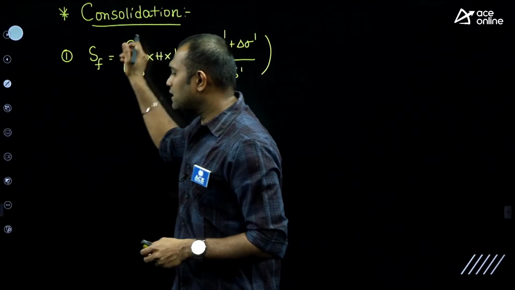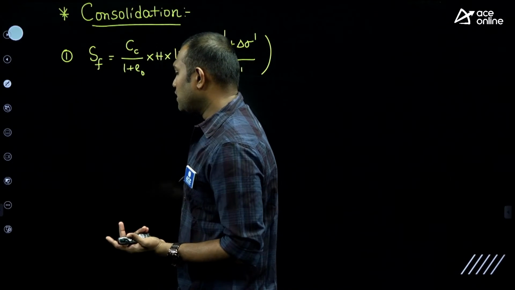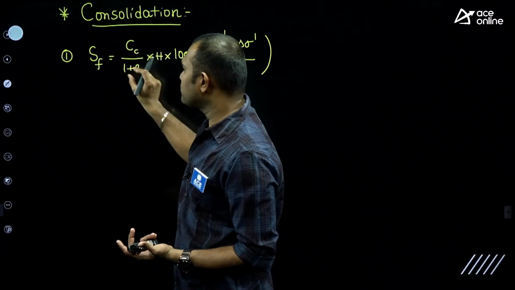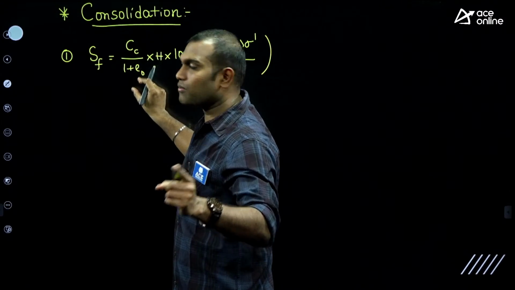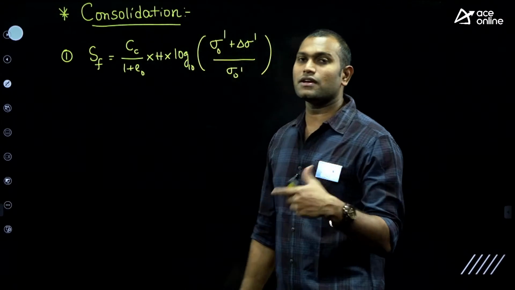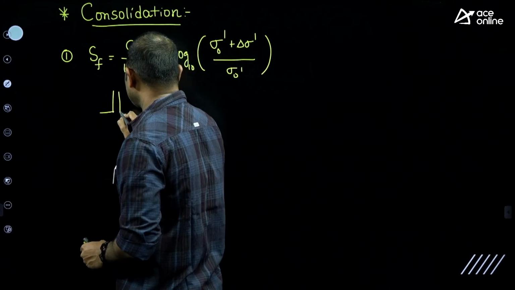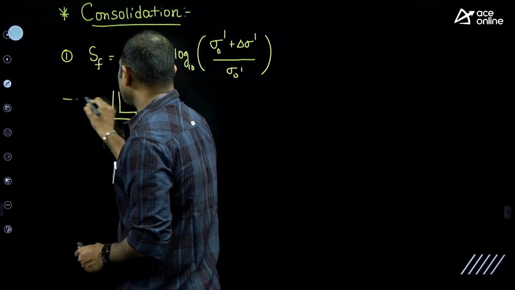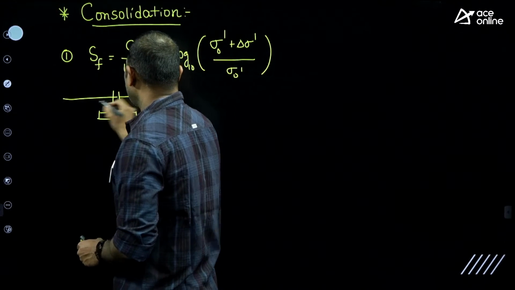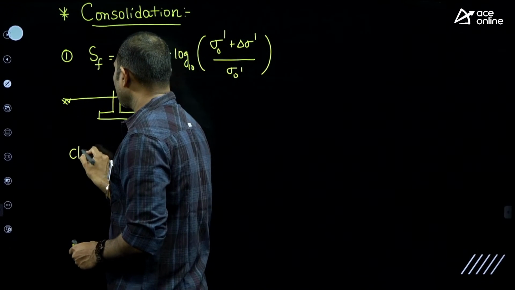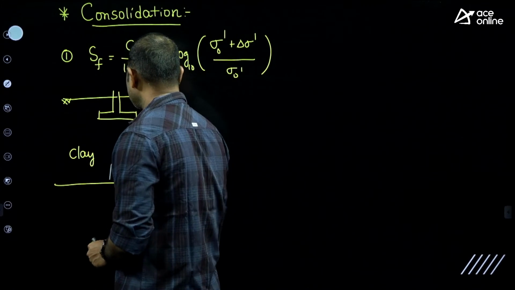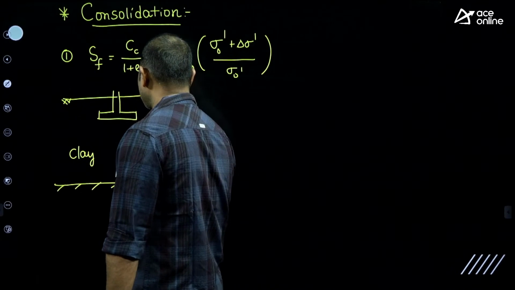So what is the Cc? That is known as the compression index, whereas e0 is known as the initial void ratio. H is the thickness of the initial compressible clay layer. So if you see, this is a foundation that is constructed in a compressible clay layer. Let's say this is the clay layer and there is some hard strata.